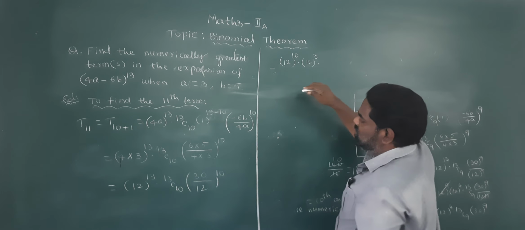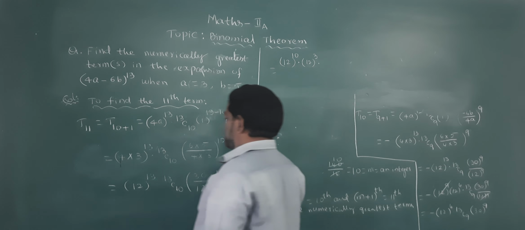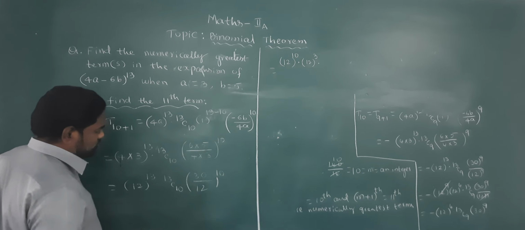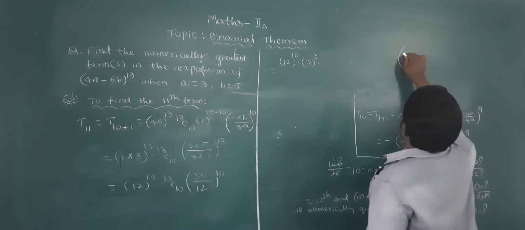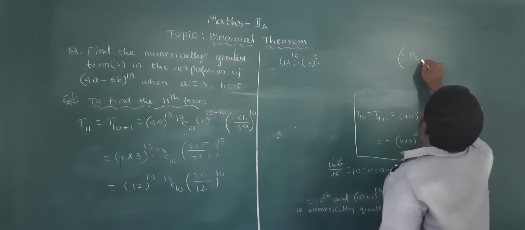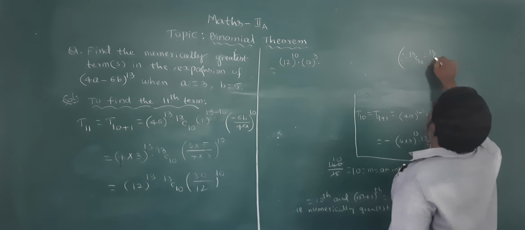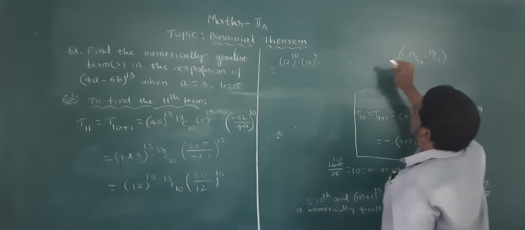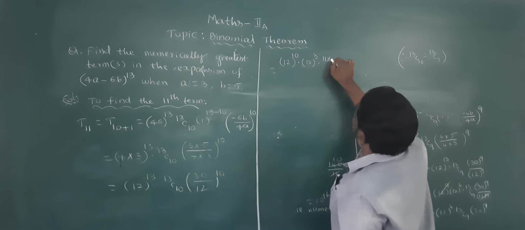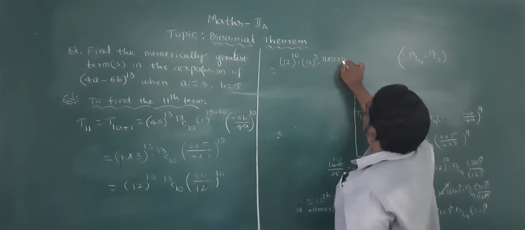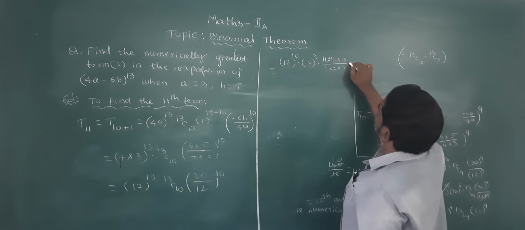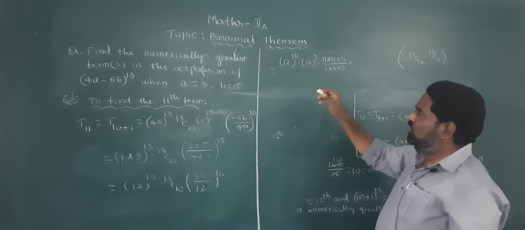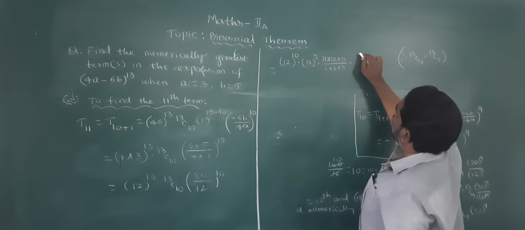actually listen, 13C10 can be taken as 13C3 also. Since 13C10 can be written as 13C3, 13 minus 3, the 10 values get cancelled, 11, 12, 13 by 1, 2, 3 into 30 power 10.